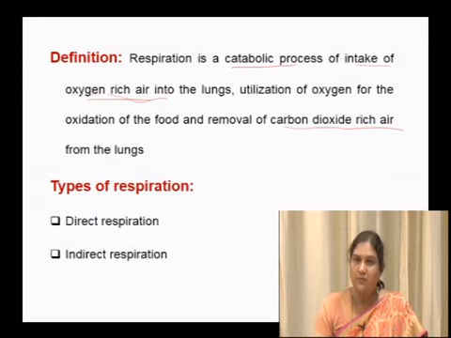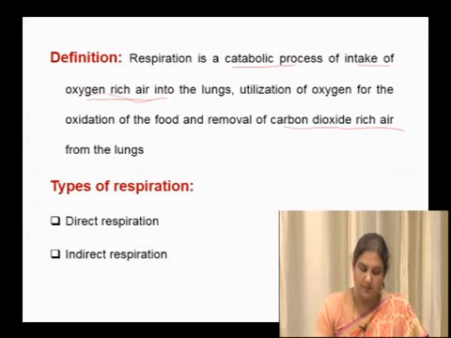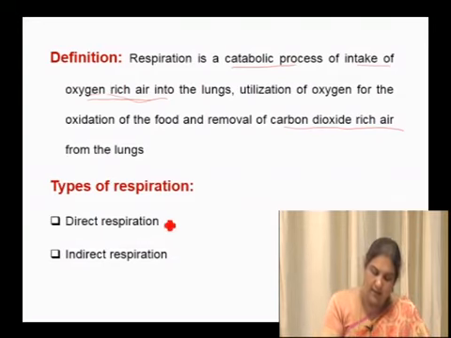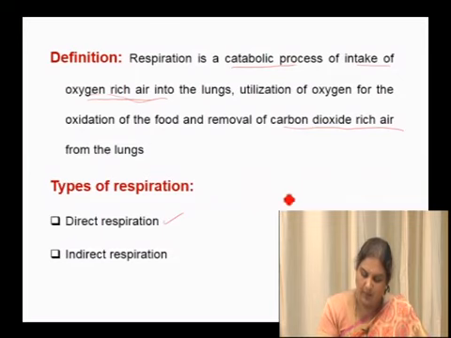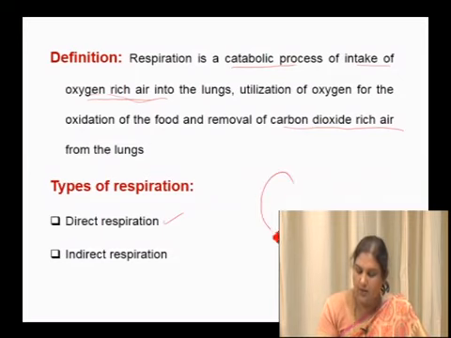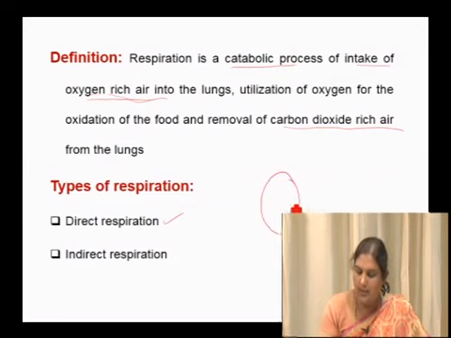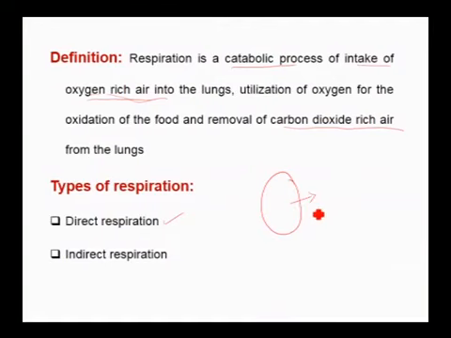Now, types of respiration amongst the animals. One is direct respiration, the other is indirect respiration. What do we actually mean by this? Direct respiration is nothing but exchange of the gases between the body surface and the surrounding environment.